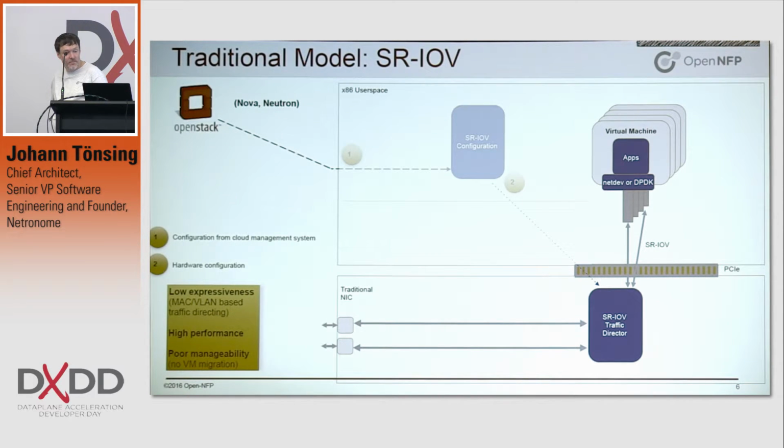Poor manageability. Yes. Right? How are you solving that problem with the offload? The poor manageability refers to the fact that you don't have VM migration here, so you cannot go and move things around. And let's say you want to do a software upgrade on your server and migrate a VM, do an upgrade, migrate it back.